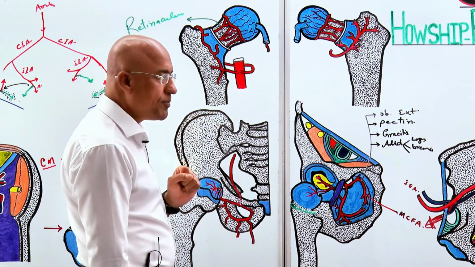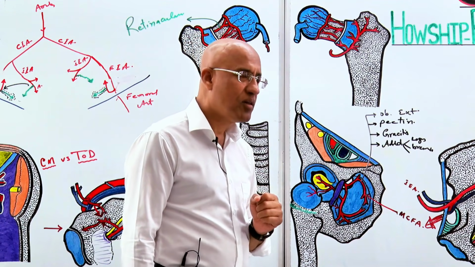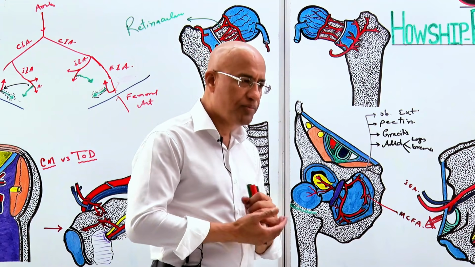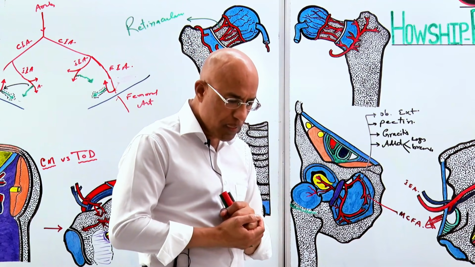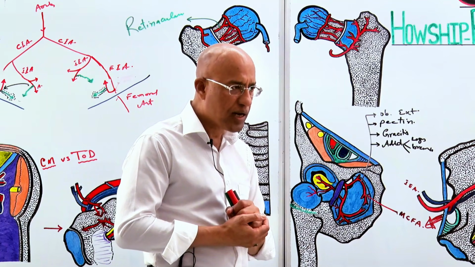Now, imagine a 4-year-old child, 3-year-old child. If, for example, the hip joint is dislocated, right?